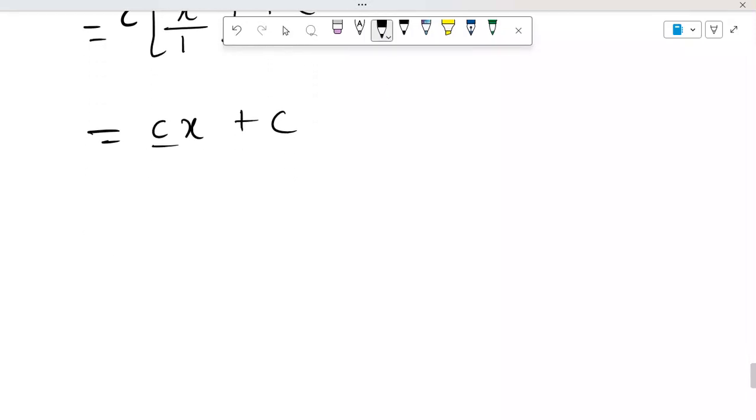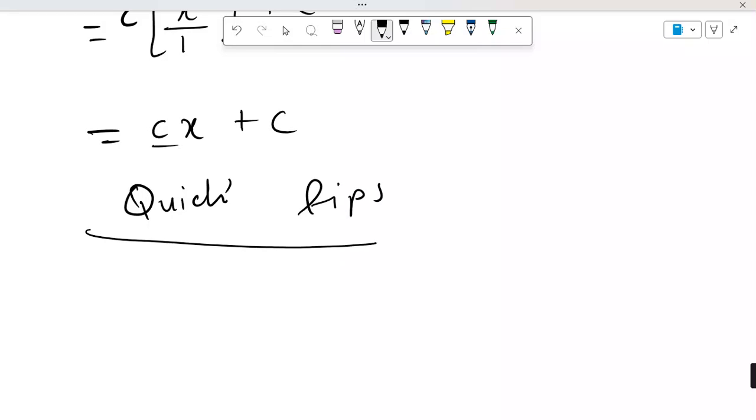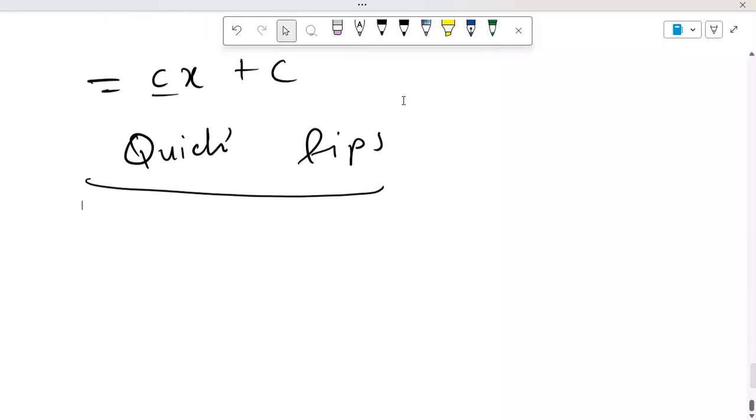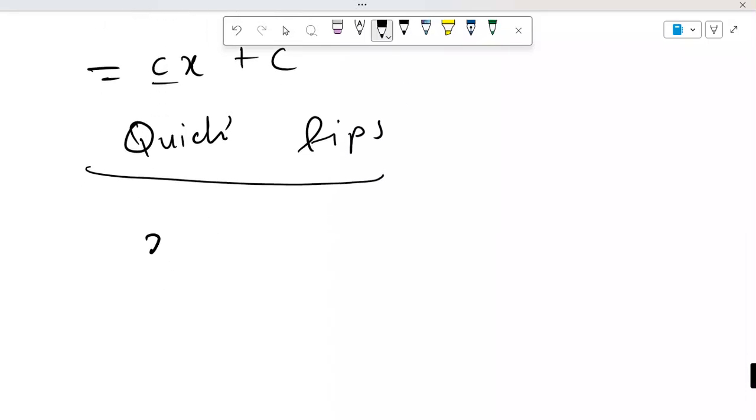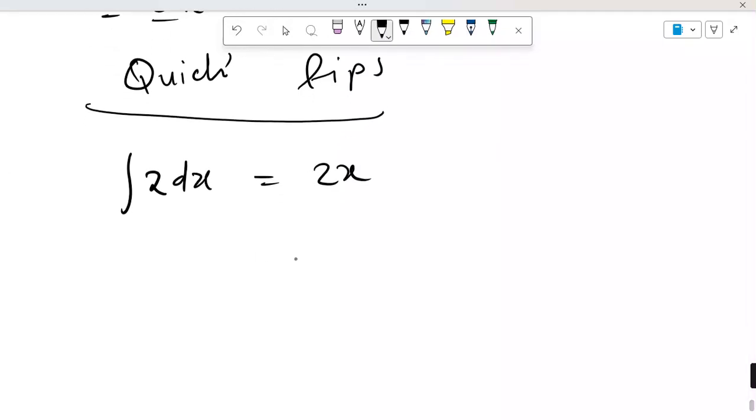So quick tips. You just have to know these things. If you are integrating, let's say, 2 dx, you just add x to it. It's 2x, because it's a constant. 2 is a constant, no need to start writing x to the power 0.